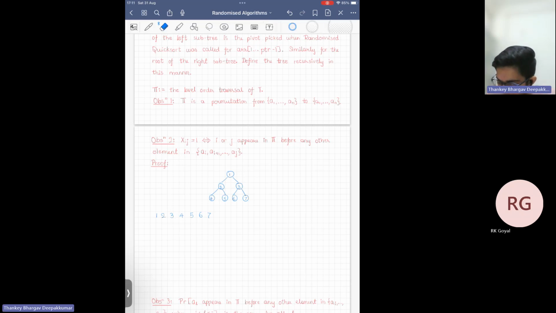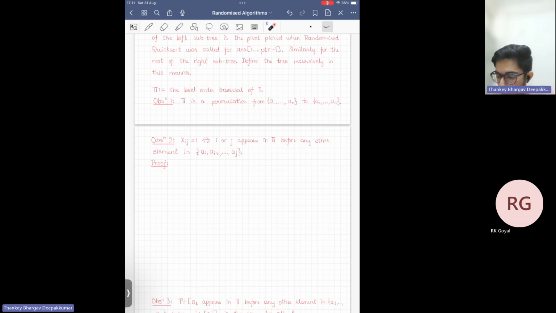Now let's look at observation two. Observation two says that for any i, j where j is greater than i, Xij is equal to 1 if and only if Ai or Aj appears in pi before any other element in Ai to Aj.